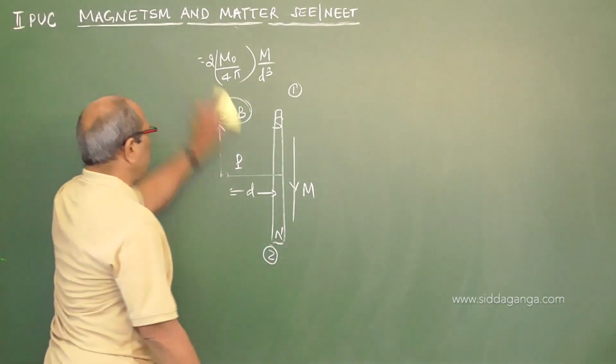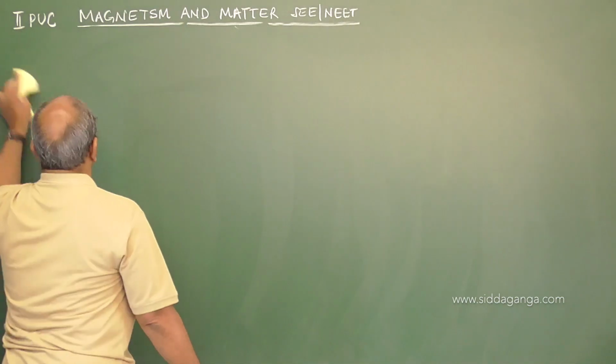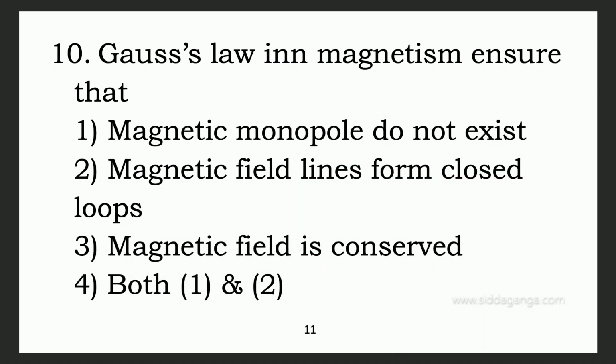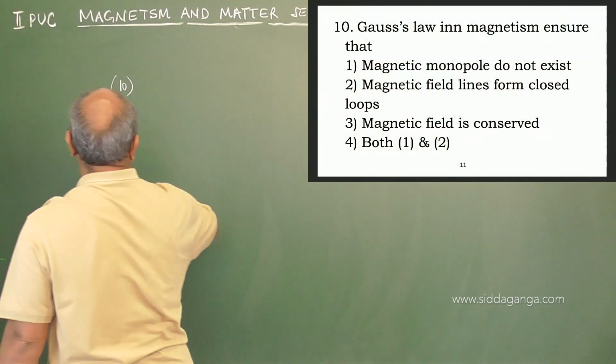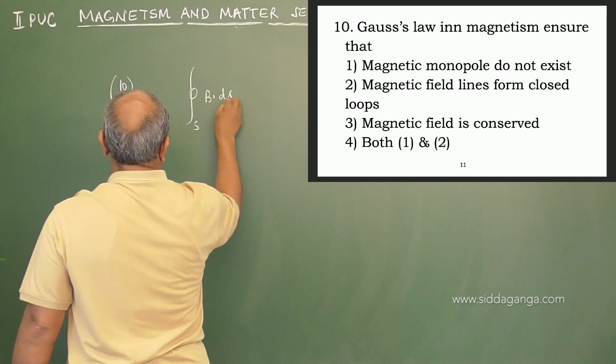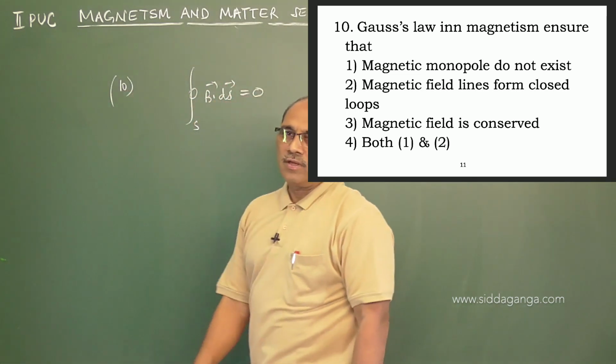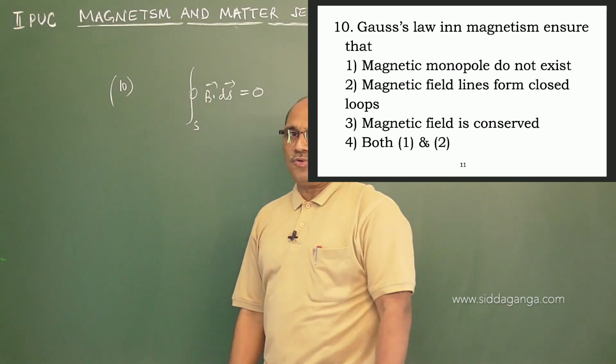Question number 10. Gauss law in magnetism ensures that... So from Gauss law in magnetism, we come to know that the surface integral of B dot ds is always 0, which suggests magnetic monopoles do not exist.